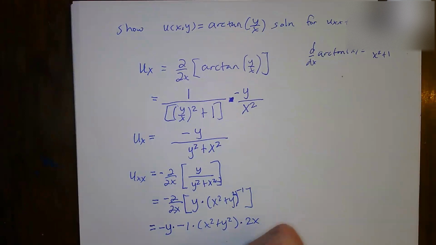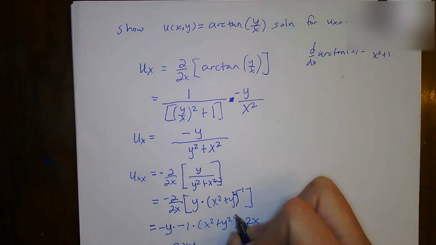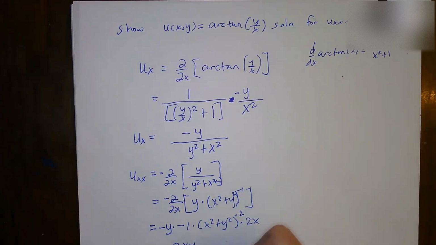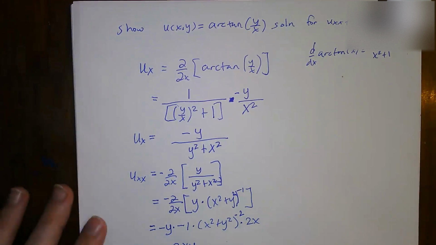So we end up with 2xy over x squared plus y squared, to the negative 2. So that's what we get here.